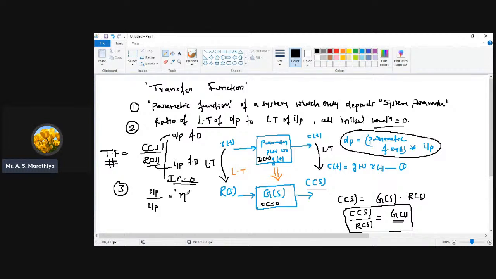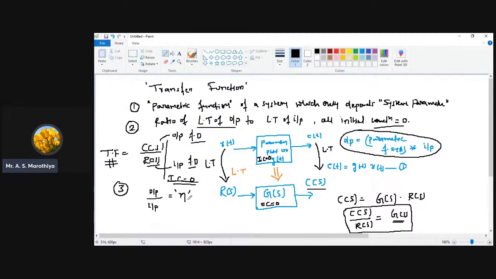So another way to define transfer function is the ratio of output by input, or you can say the efficiency of the system, but in frequency domain, because here output we have taken in frequency domain, and input again in frequency domain.